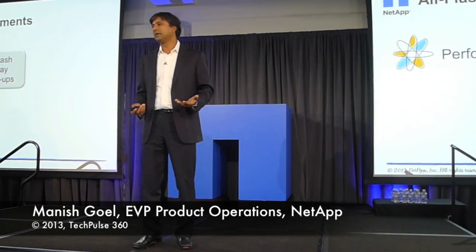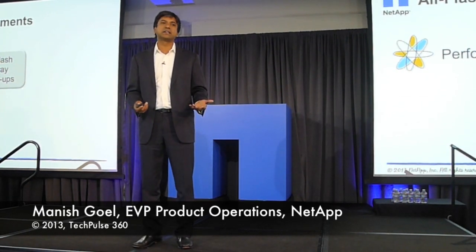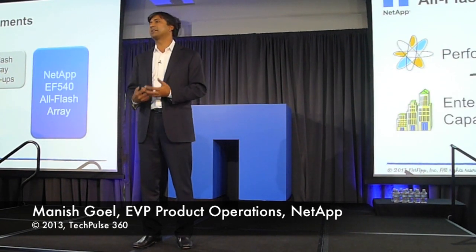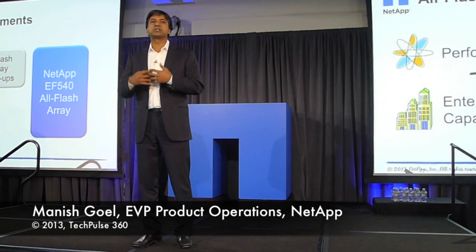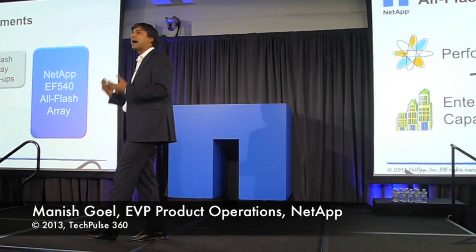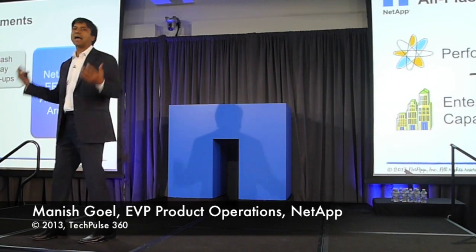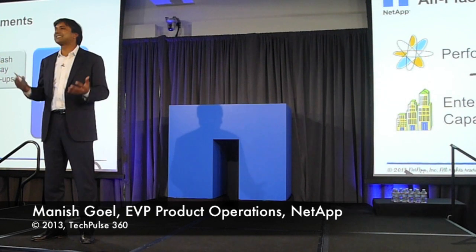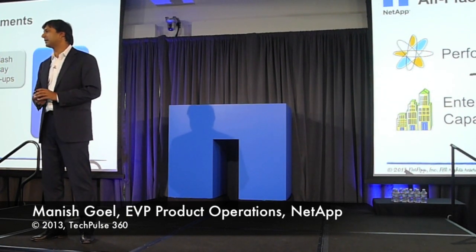customers, they need more. It's not just about performance, it is about performance combined with enterprise-class capabilities: dimensions of availability, dimensions of support, dimensions of reliability. Those are all absolutely requirements that a customer needs to be able to deploy an exciting new technology in their data center.